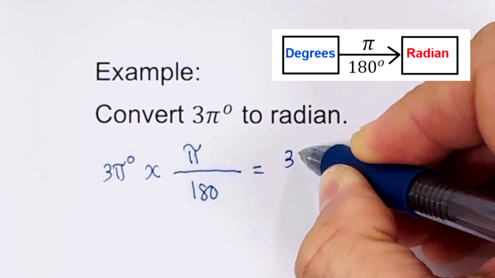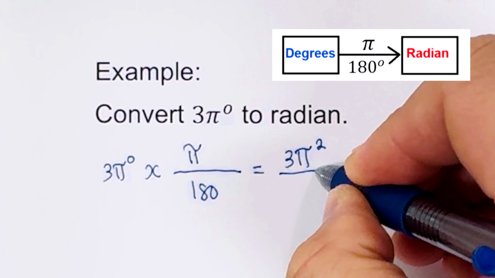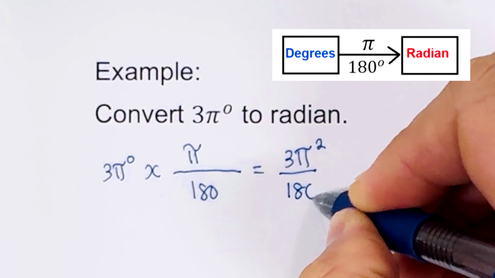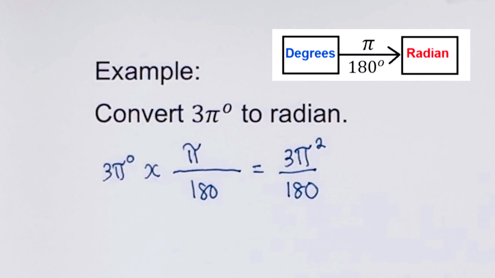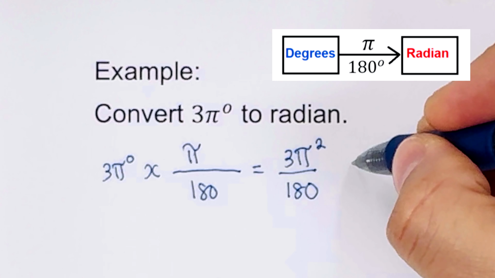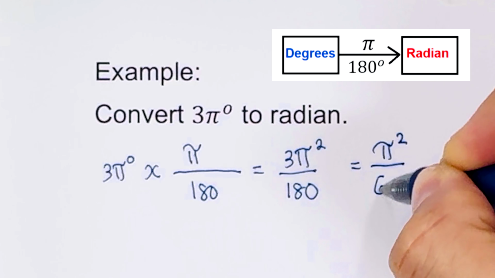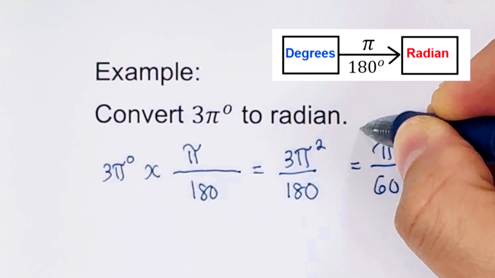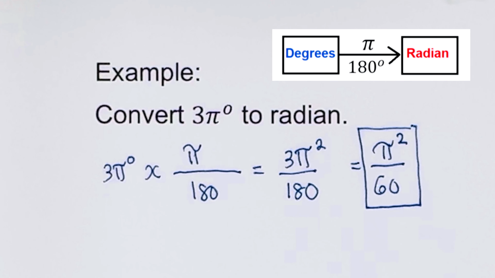This becomes 3 pi times pi, which is pi squared, over 180. And 3 and 180 are divisible by each other, so we can reduce this to the lowest terms. This comes out to pi squared over 60. So this is the radian version for 3 pi degrees.